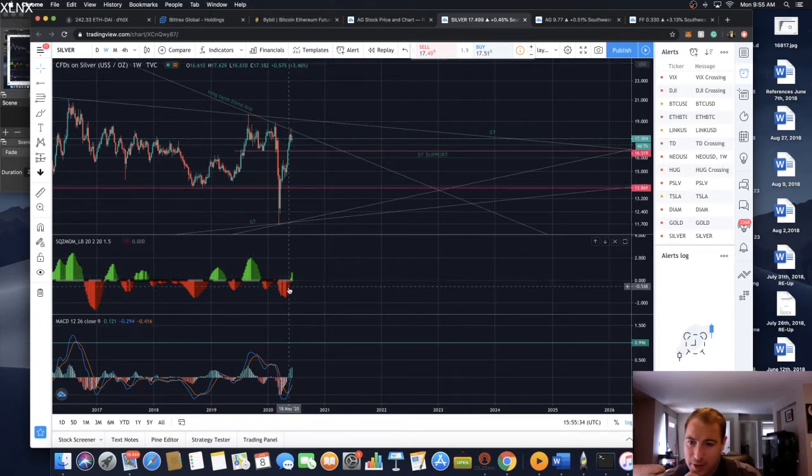You never know how long this is going to continue, but usually you would be suspecting that we would continue up. Now, when we look at this MACD here, you can see that it's already starting to round a little bit. So that might be giving us an insight into what it might be doing.